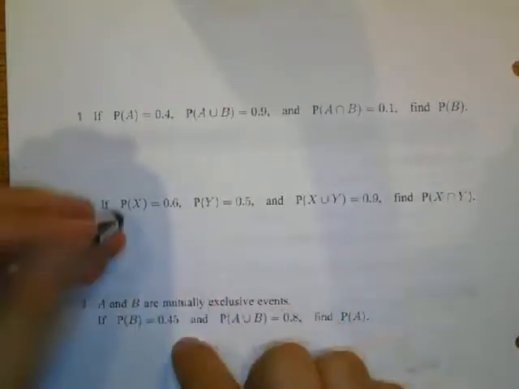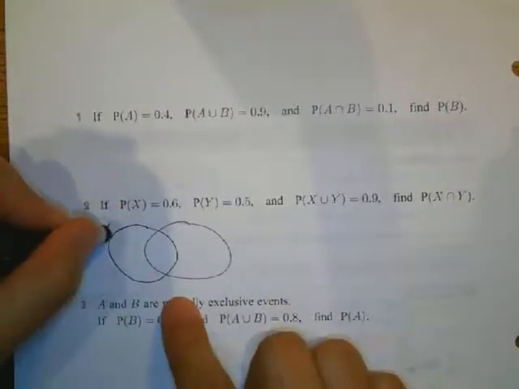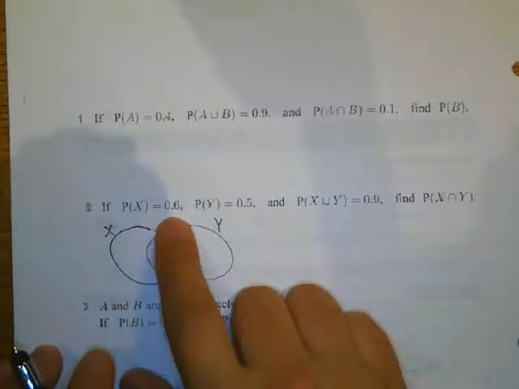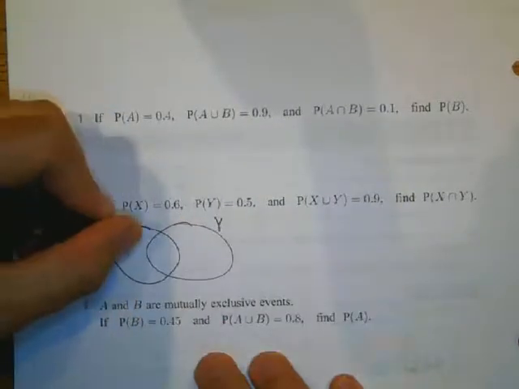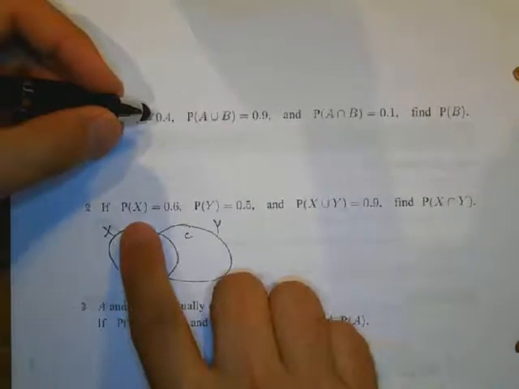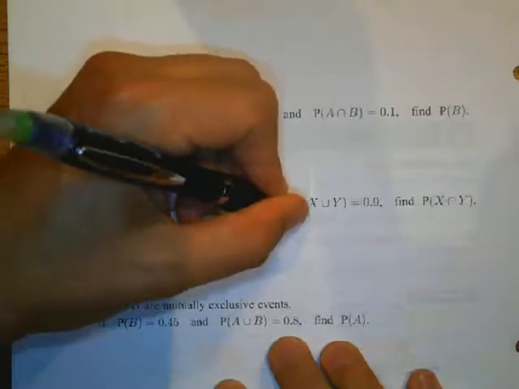Let's do 2 together. I solved this one algebraically. The probability of x is 0.6. I'm going to label this as A, B, and C. Definitely use lowercase letters. So the probability of being in circle X is 0.6, so I could say lowercase a plus lowercase b is 0.6.